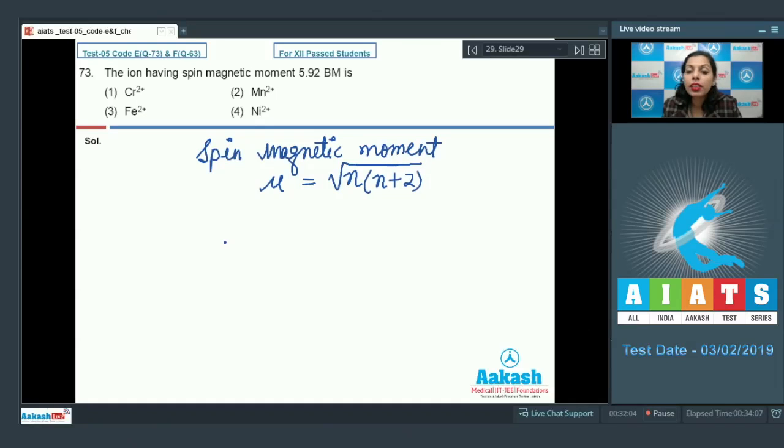What is n here? This n is the number of unpaired electrons. Its unit is BM, that's Bohr magneton. Now, we have different species given here, and you have to find out the number of unpaired electrons in the given species.